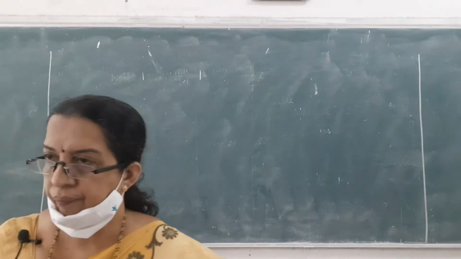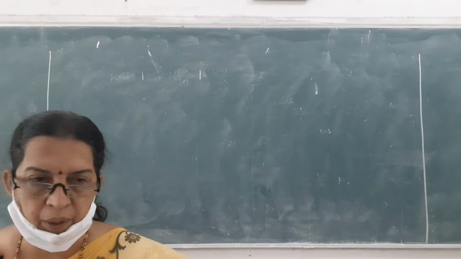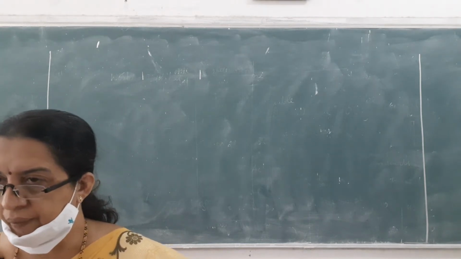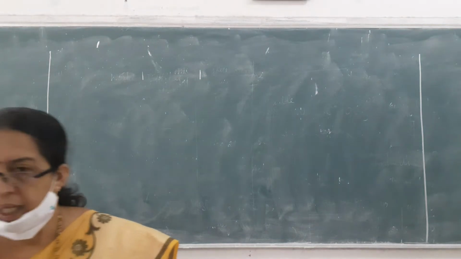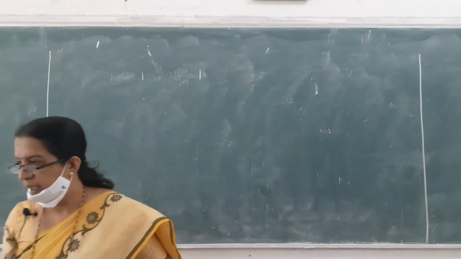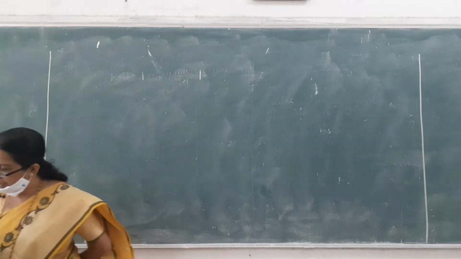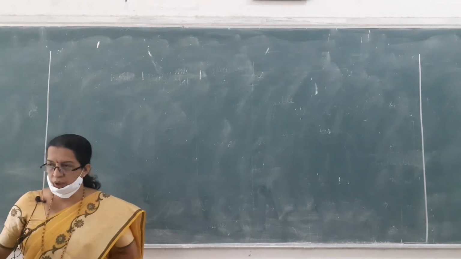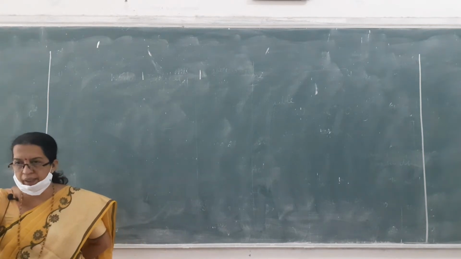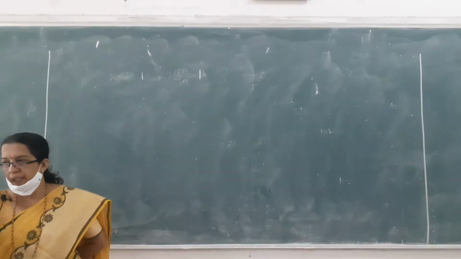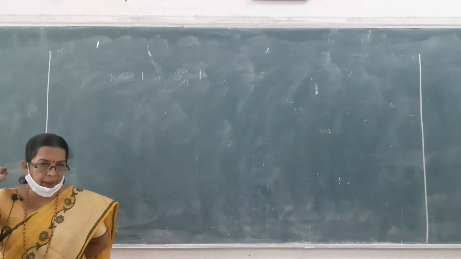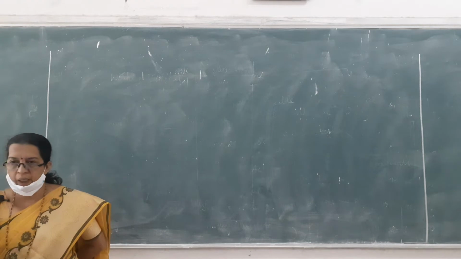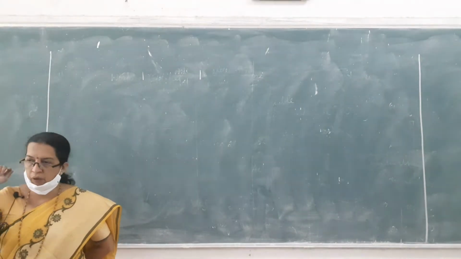While calculating the exempted amount of HRA, we are taking the least of the three. First one is actual HRA received. Here actual HRA is 8,000 per month, so 8,000 into 12. Then the second one is excess of rent paid over 10% of salary, means rent paid minus 10% of salary.